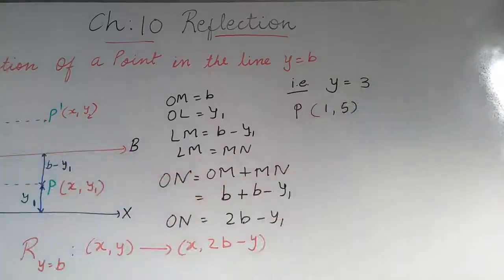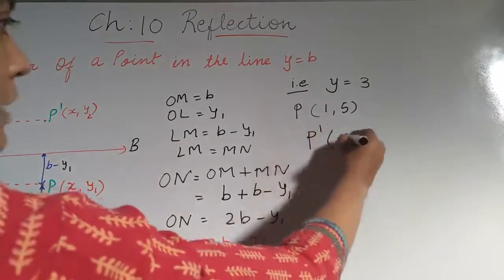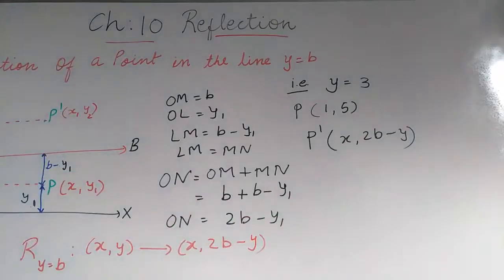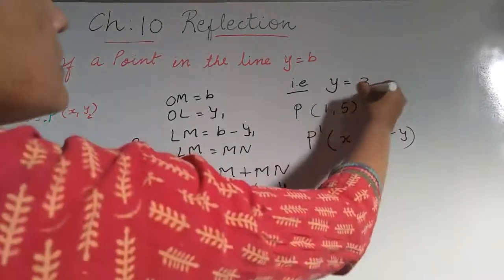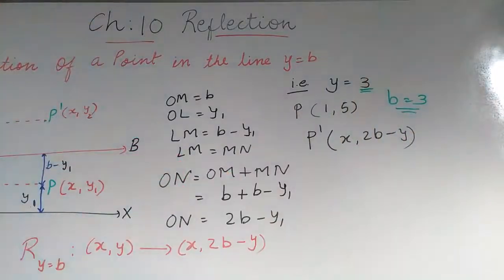This is the point given to you, and you want to reflect it under this line y is equal to 3. So how do you reflect? For that, first of all, you want P dash (x, 2b minus y). Now what is b here? B means this 3. This is your B value, which is given as y is equal to B.